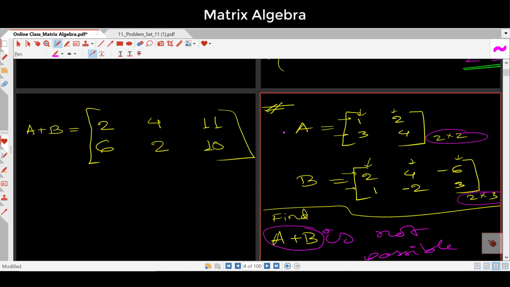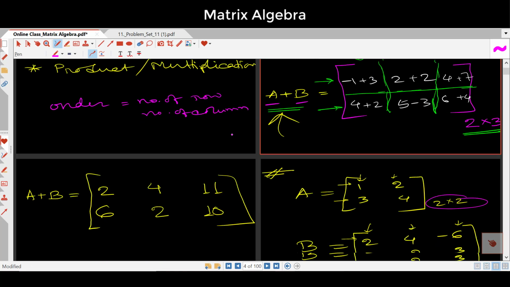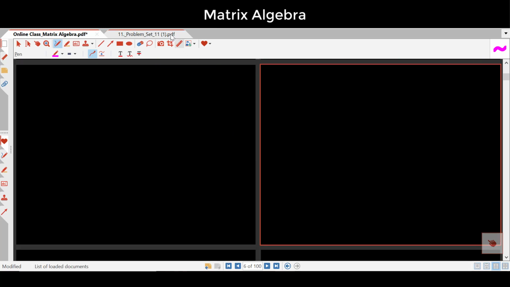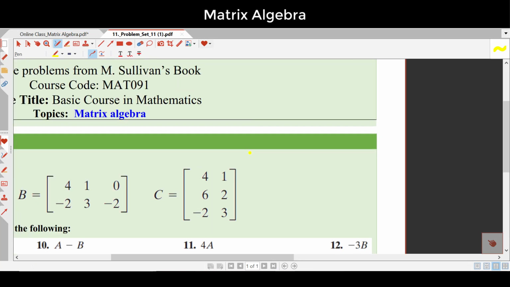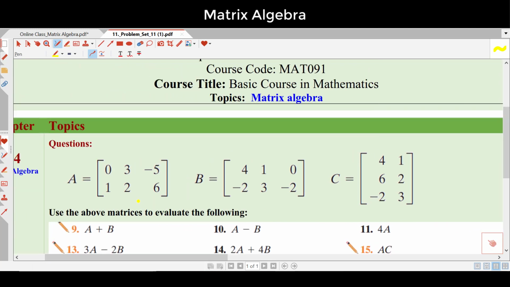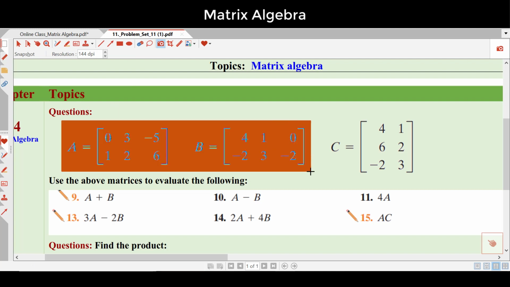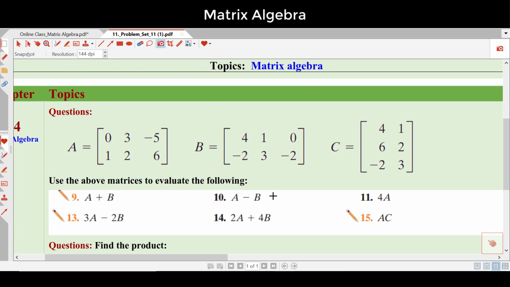So this is about summation. Similarly, we can do subtraction. Let us take another problem from our problem set. You can see that there are many problems here. Suppose we have this one. We have A and B, and we will solve this problem.